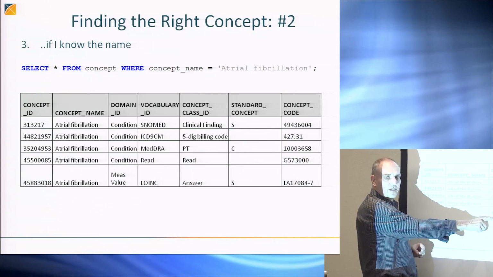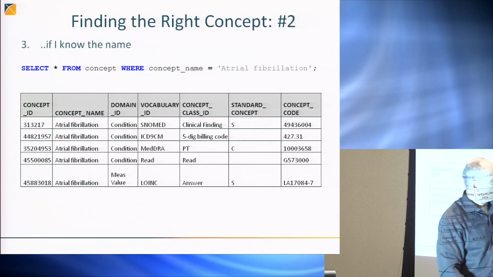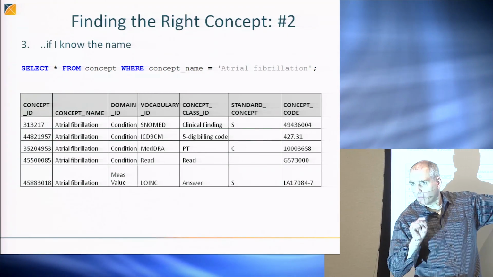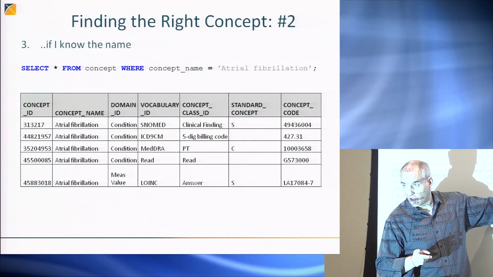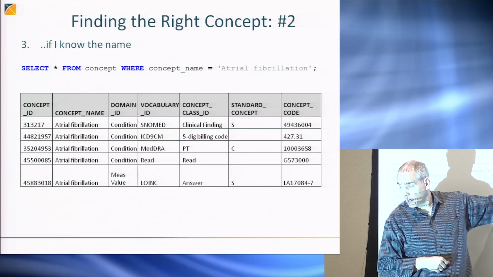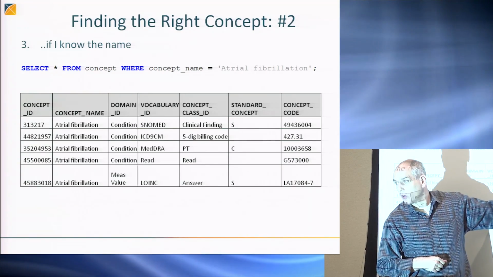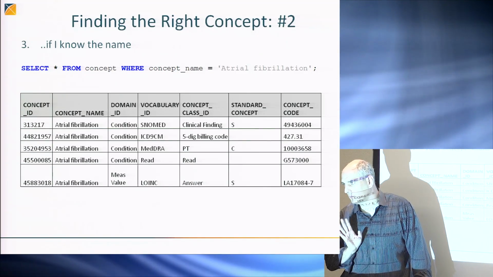So there are two S's and a C. S is standard. That's the one that shows up in the CDM table. If you want to run a study with atrial fibrillation, you have to use the S. If you use the ICD-9 concept, the one with no S, which is a null, you will not find a single patient. No one.